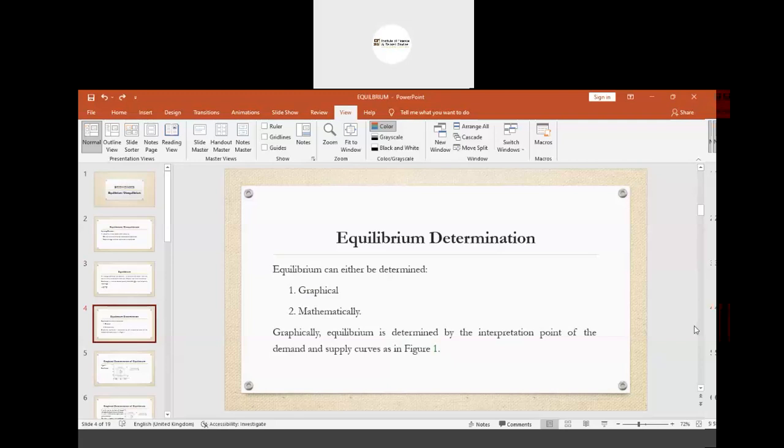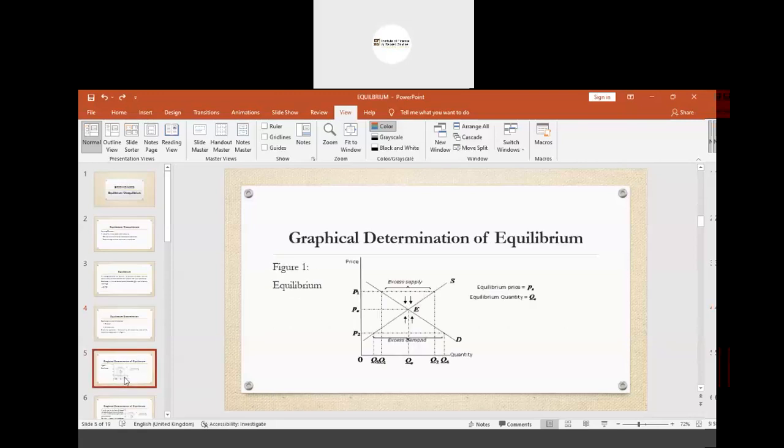Graphically, equilibrium is determined at the point where the demand curve and supply curve intersect. We could show that in this format. We have the demand curve and the supply curve.